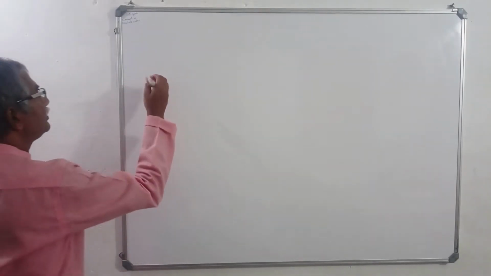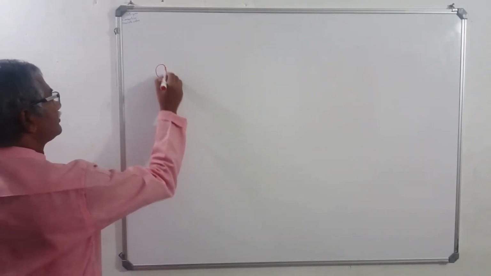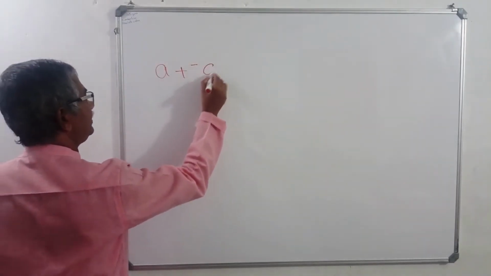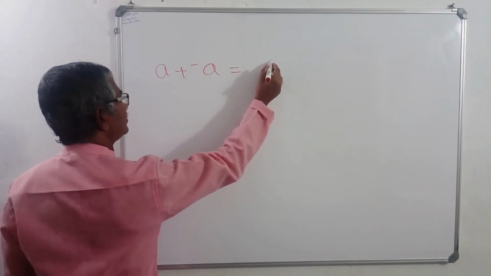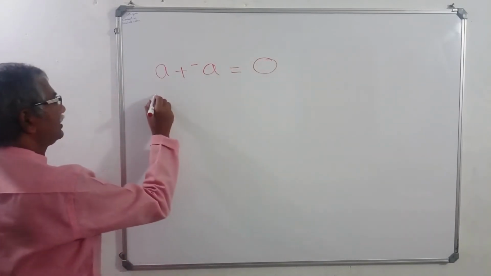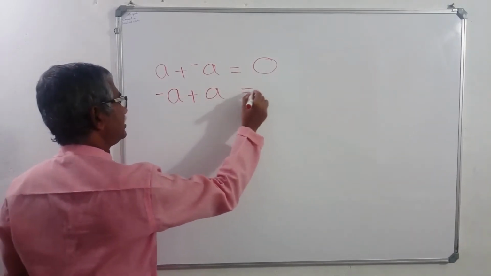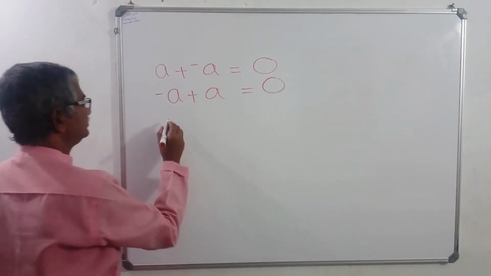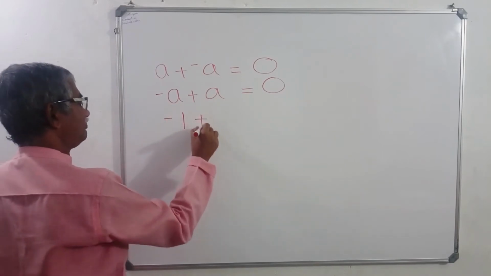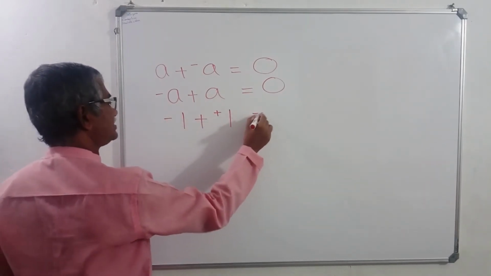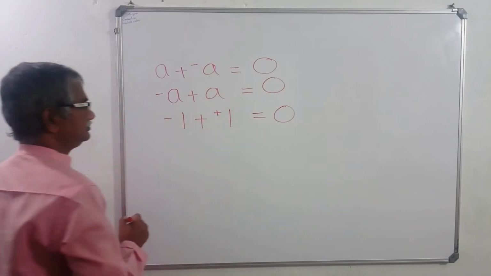So, A plus negative A is equal to 0. Negative A plus A is equal to 0. Negative 1 plus positive 1 is equal to 0.